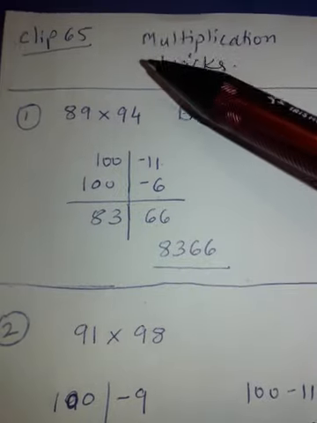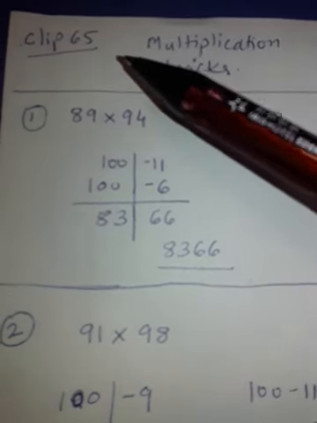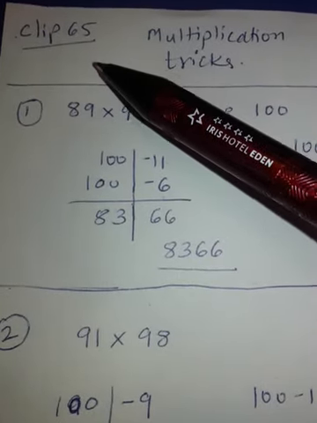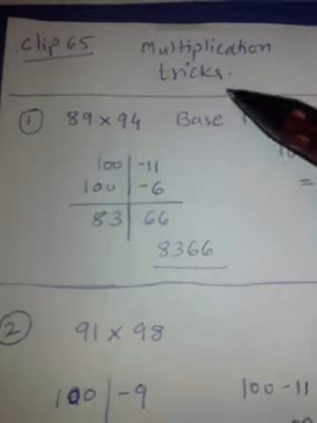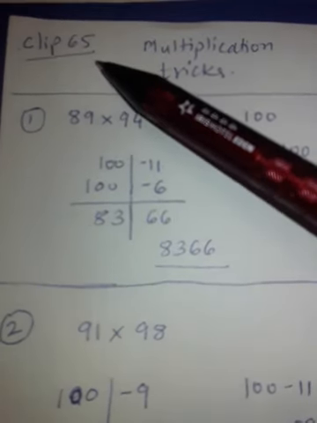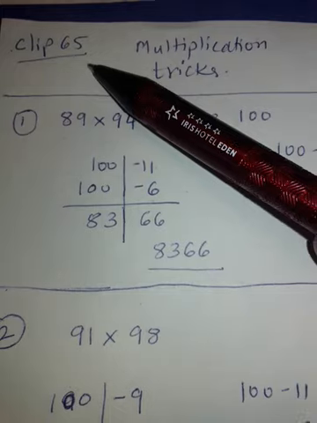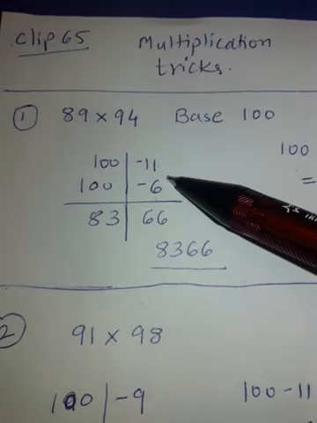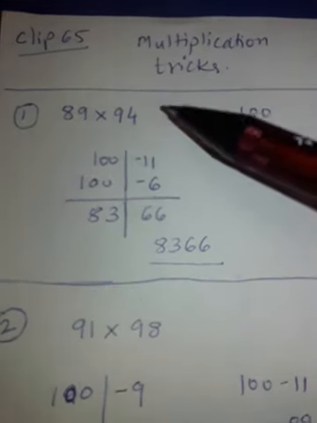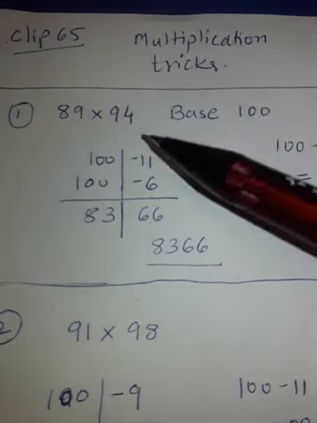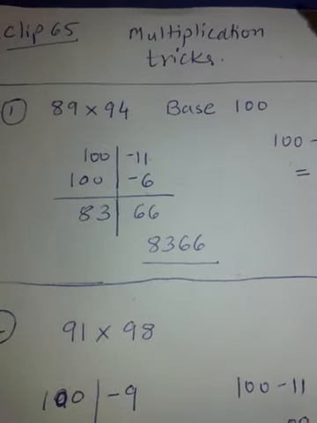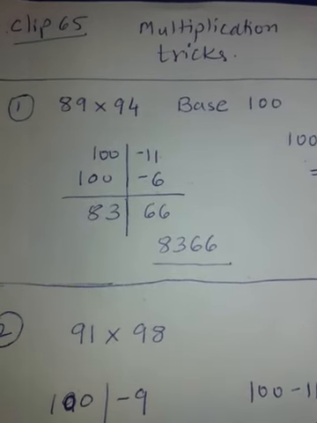So I would suggest that you first watch clip number 64 before you watch today's clip. Today is 65. If you watch clip number 64 before clip 65, it will help you to understand this trick better and fast. So let's begin with today's trick.